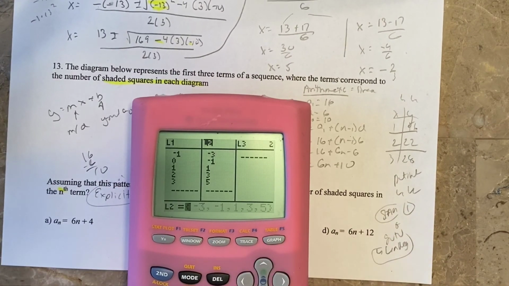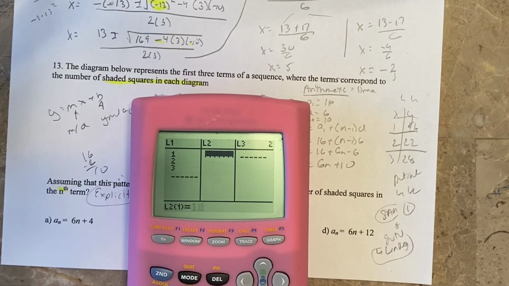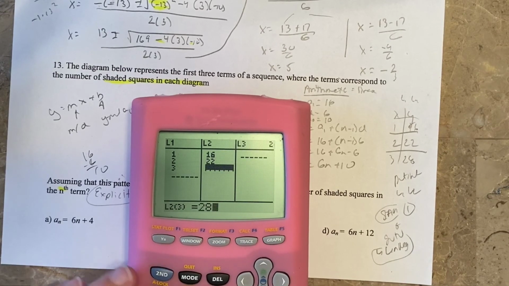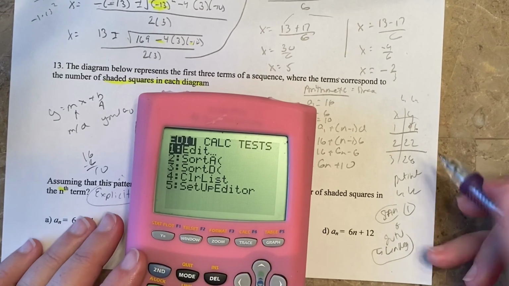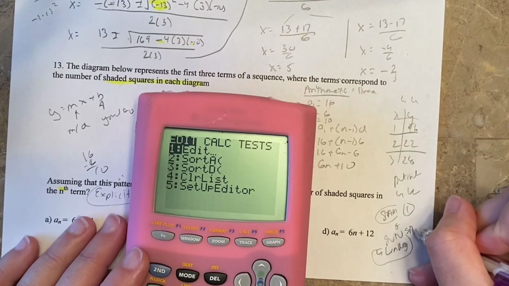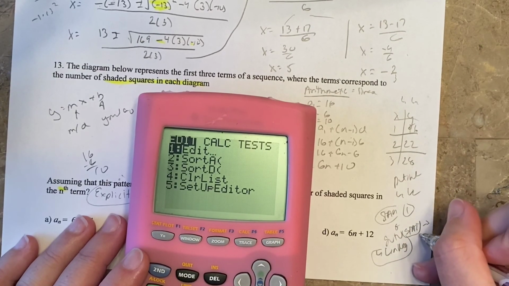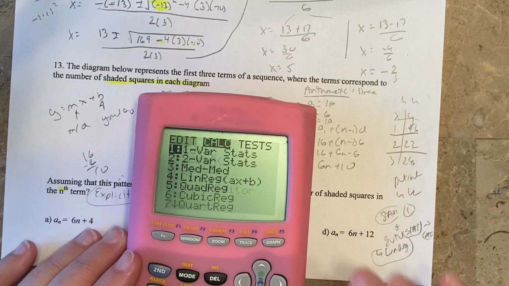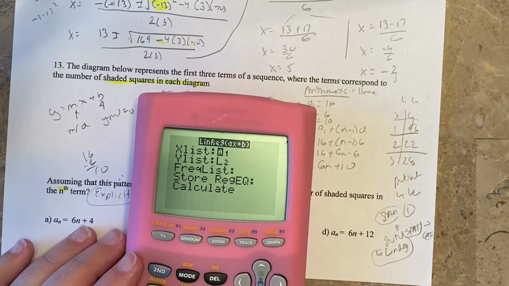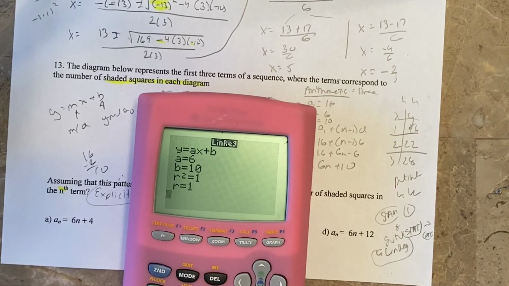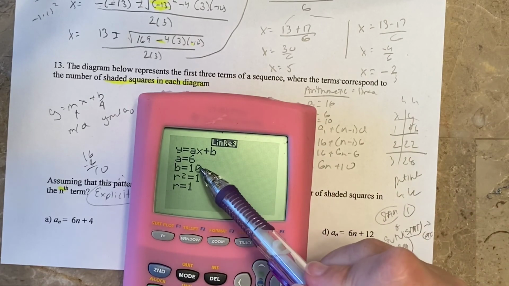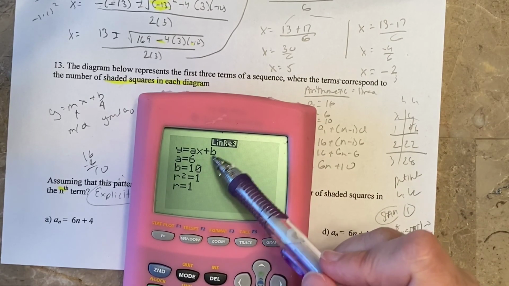So 1, 2, and 3, 16, 22, and 28, and then go to stat, and then move over to calc, and then go down to number 4. And there you go. You have your slope of 6, the y-intercept of 10.